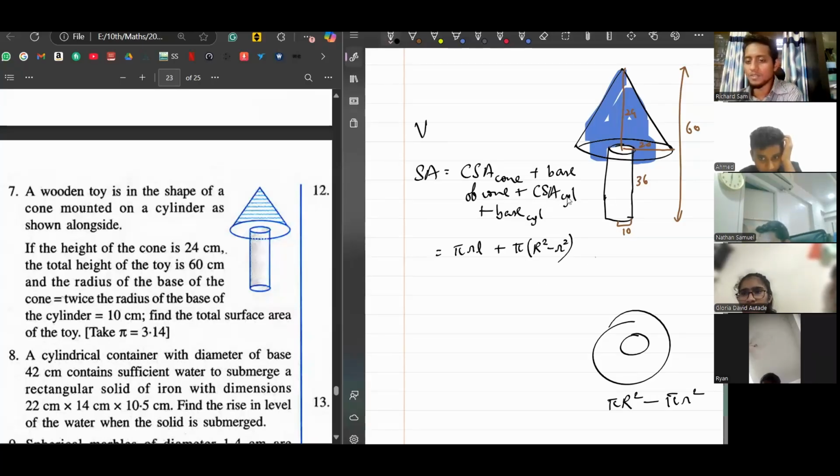Next, curved surface area of the cylinder is what? It is circumference into height, 2 pi r into h.